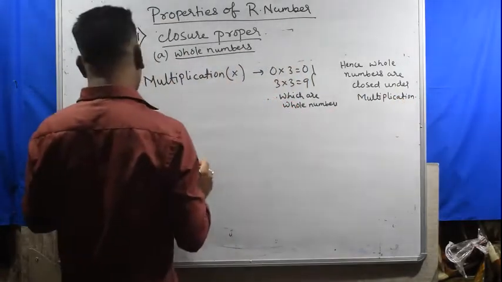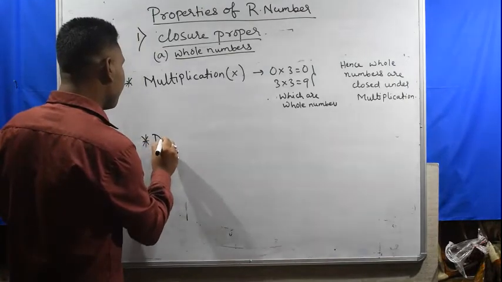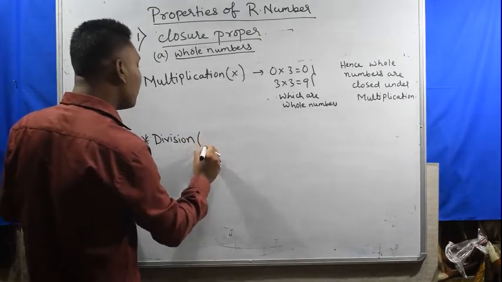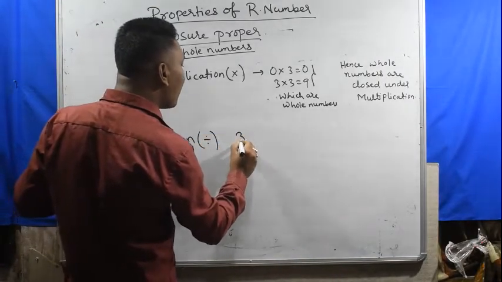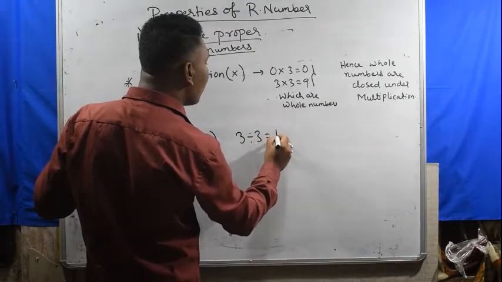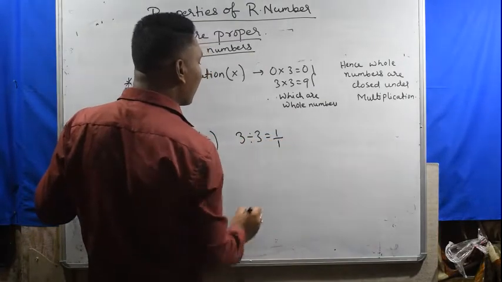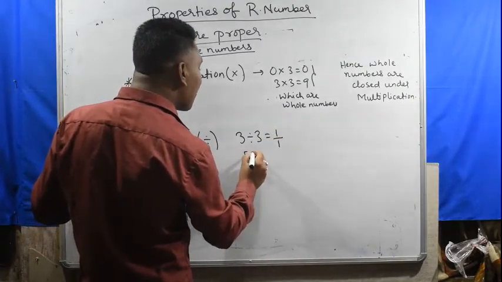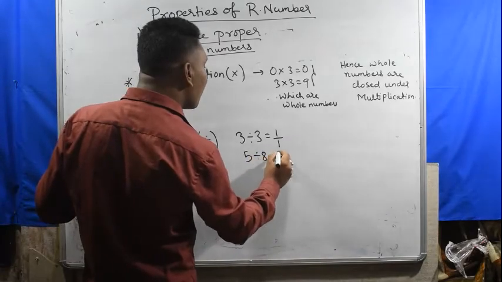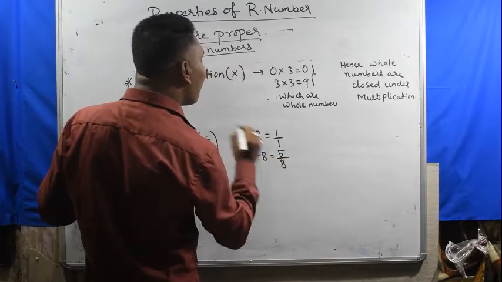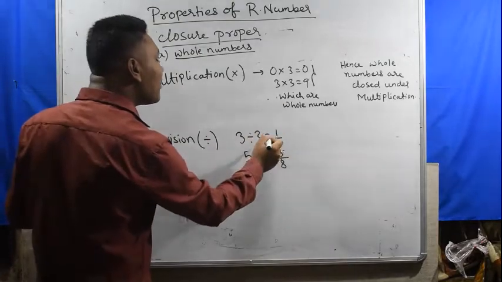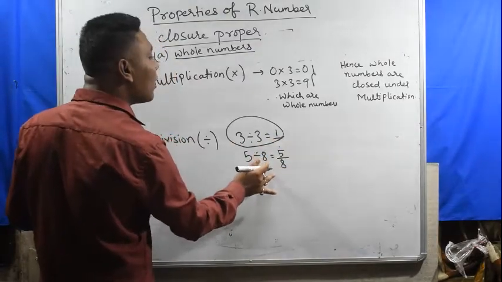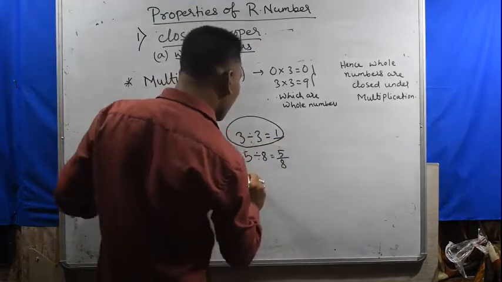Okay, next is division. For a simple case like 3 divided by 3 is equal to 1, we can express it as 1 by 1, in p by q form where q is not equal to 0. But for some examples like 5 divided by 8, which gives you 5 by 8, it is a fraction, not a whole number. This was a whole number, this was a whole number, but this is not a whole number.